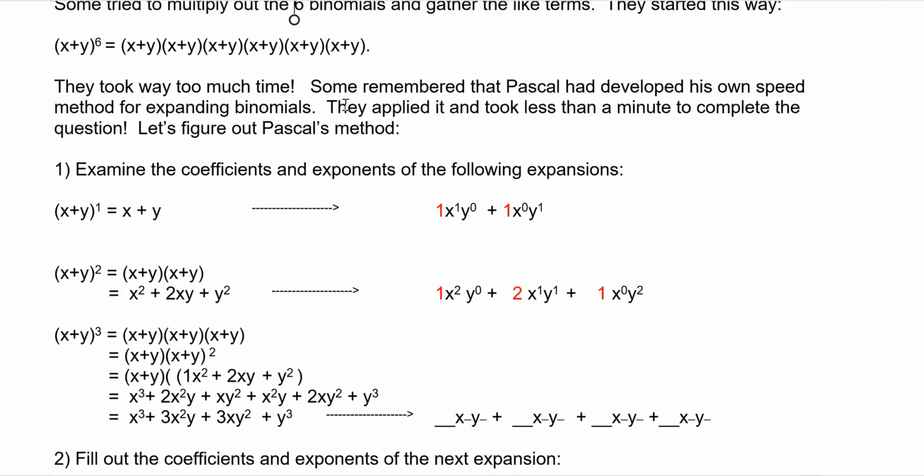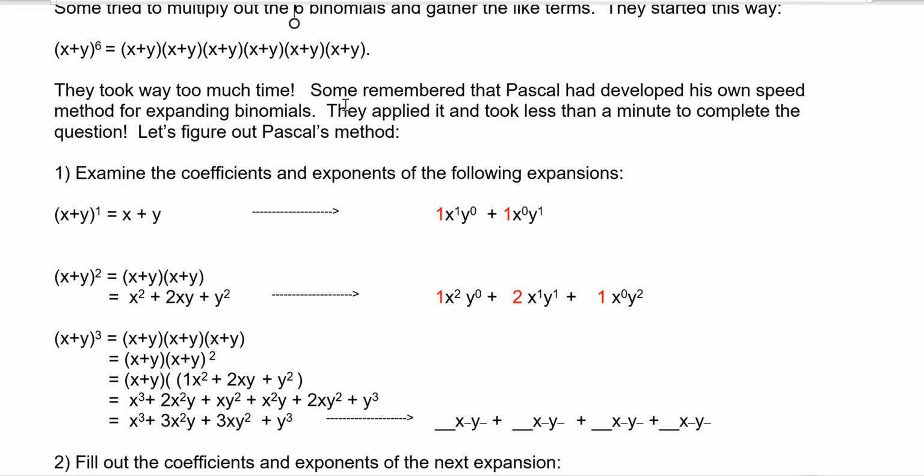Now, what I have on the left-hand side here are expansions of (x + y) to the power of 1, to the power of 2, and to the power of 3, done in the traditional way. You notice that it starts to get pretty long once we get to the power of 3. Over here on the right, I have the exact same final answers written out in a different way. Basically, each term will have the x and the y variable each time. So the first expansion is simply x + y, but I've written each term as having an x variable and a y variable.